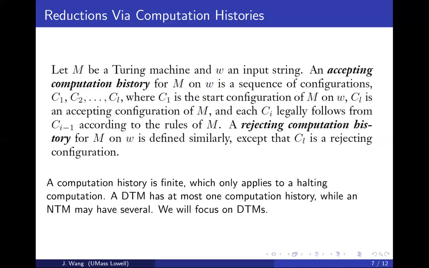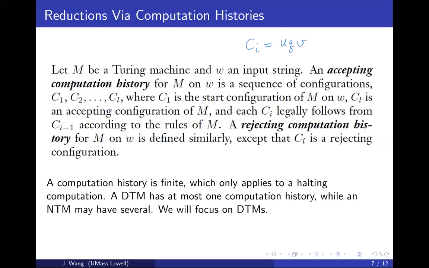A rejecting computation history for M on W is defined similarly, except that the last one, CL, is a rejecting configuration. Recall that a configuration is a snapshot of the current state and the current location of the read-write head. So we often denote a configuration Ci as U q V, where the current state is q.